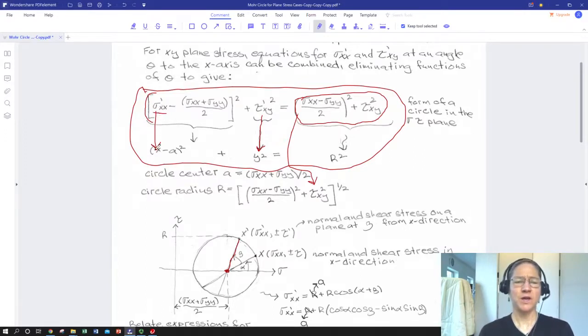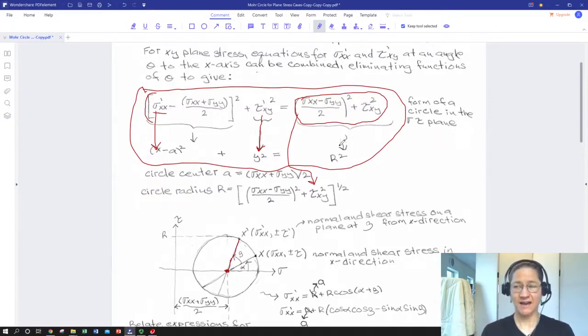And it would be the equation of a circle in xy coordinates if x happened to be normal stress and y happened to be shear stress. And conveniently for us, the circle center can be defined as the average of the applied normal stresses in two directions, and the circle radius can be expressed in terms of the applied normal stresses in two directions and the applied shear stress, if I happen to have one. Cool.